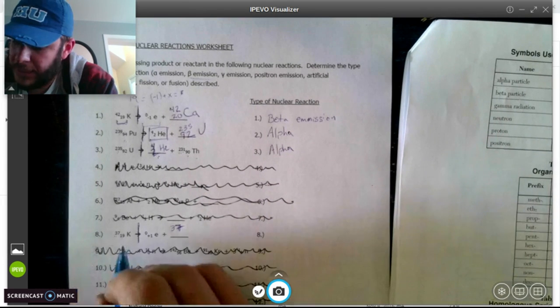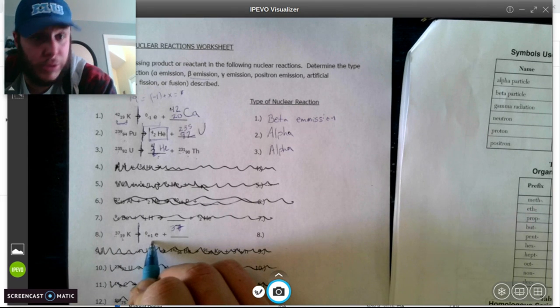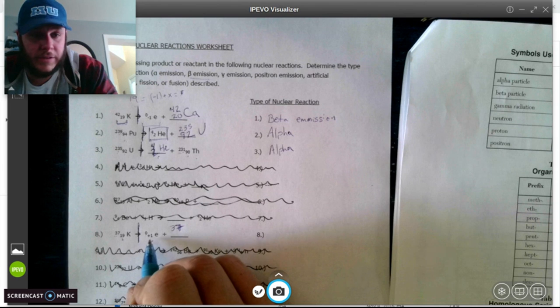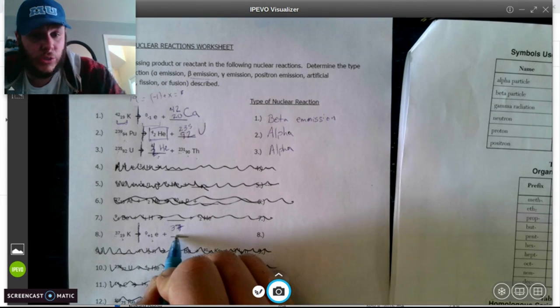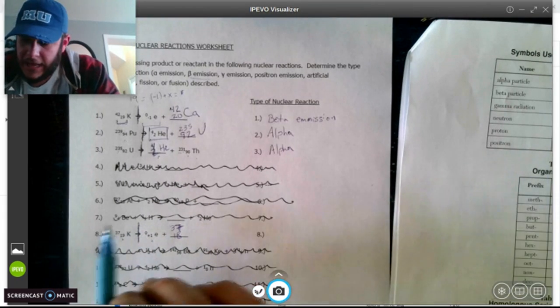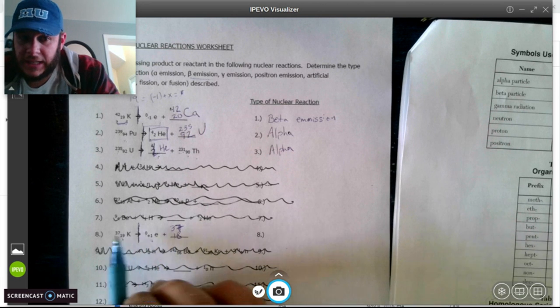My proton count started as 19, and now the given-off particle is +1. So if the particle that is given off is a +1, then how many protons do we have in our other particle? 18. And that's because 1 plus 18 is 19.